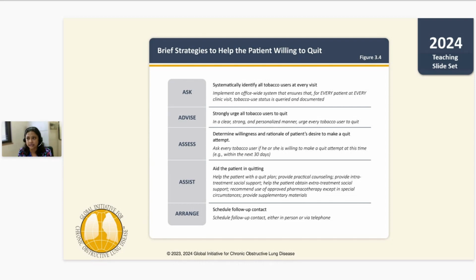Assessing their willingness to quit, determine their willingness and rationale for a patient's desire to make a quit attempt. Will they want to quit in the next 30 days? And that can help you gauge how potentially successful they'll be. Assisting the patient when they're willing and able to quit, aiding them by prescribing pharmacotherapy.